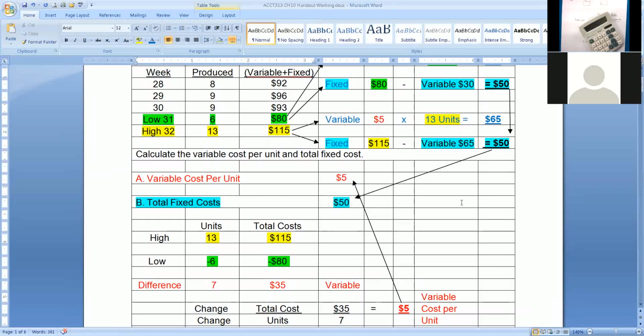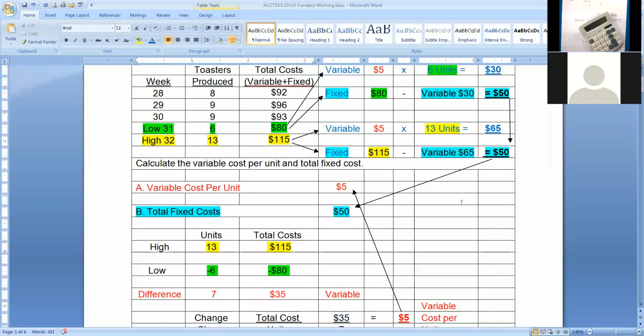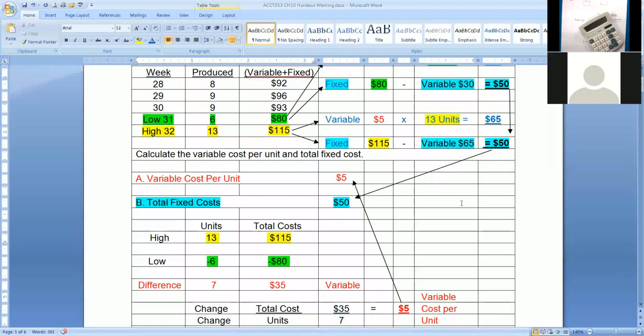Question. So for a real life scenario, what if the variable costs were like $5.666666, something like that? Would you round that, or would you keep it as it is? It depends on what you're doing. You can certainly round it.